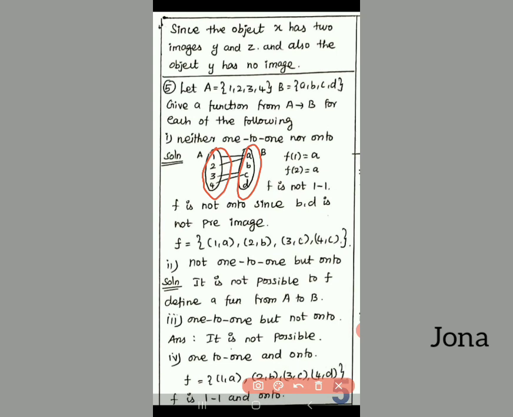So I want to give the relation 1 to a and 2 to a, 3 to c and 4 to c. So that we can say f is not 1 to 1. f is not onto also because in set B, b and d don't have a pre-image.